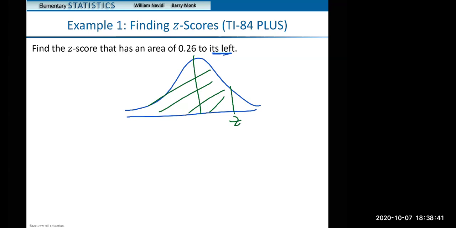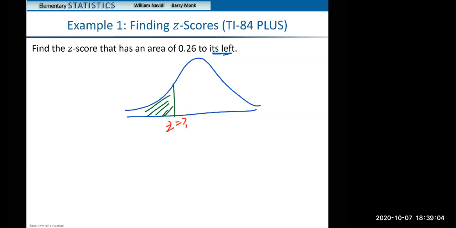You need the area to be 26%. So definitely your z-score should be on this side, so that to the left of it is 26%. So our goal is to find the z-score here.